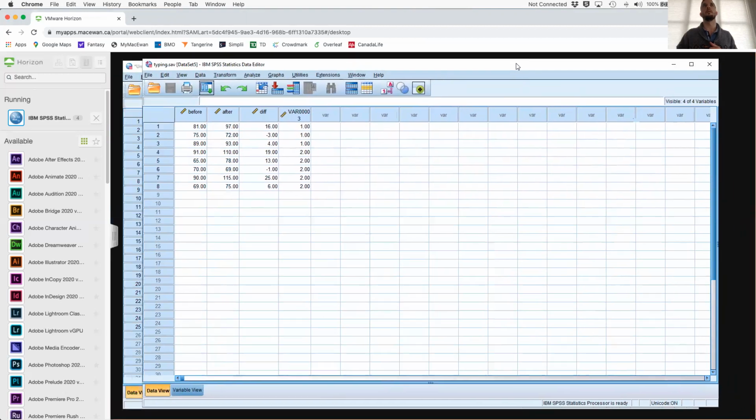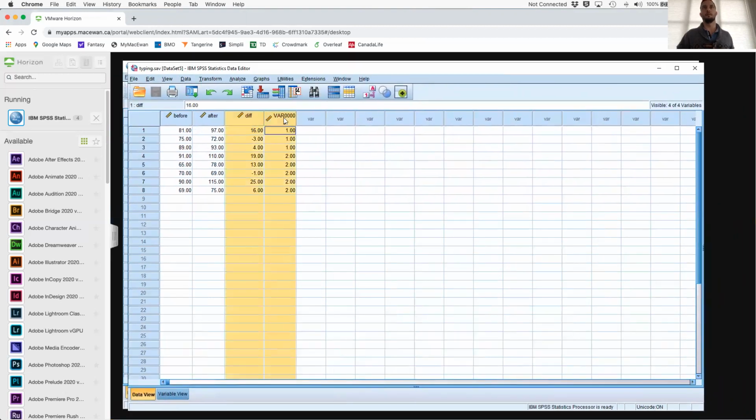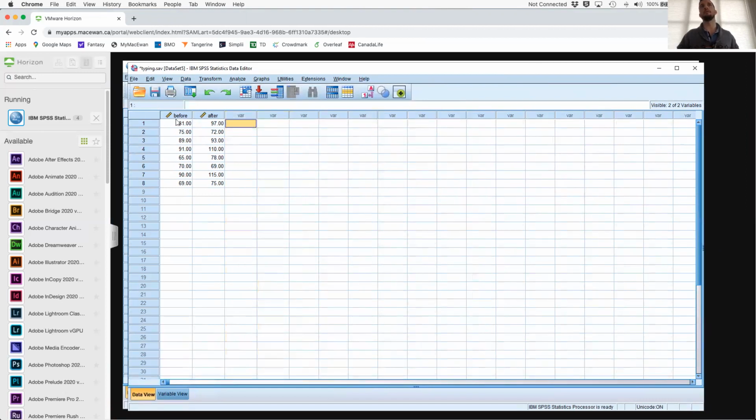Okay, so we're going to load the typing.sav data, which is available on the course website. And when you load this data set, you should only have the before and after variable. So what is the structure of this data set? Well, the before variable contains scores achieved by persons that took a typing exam.